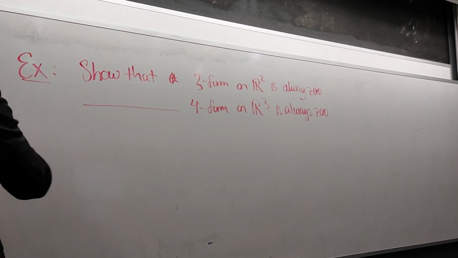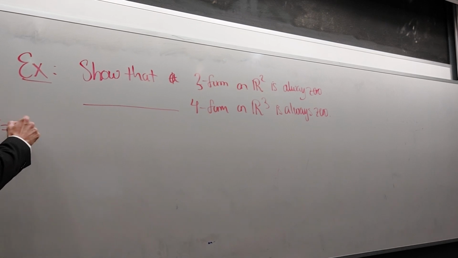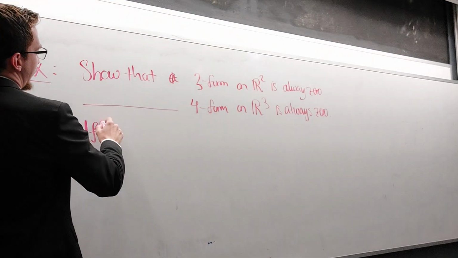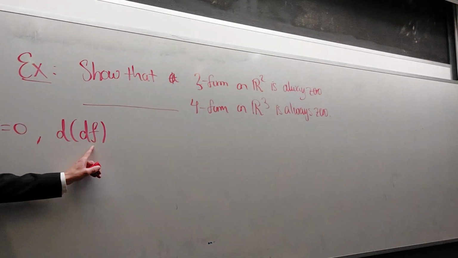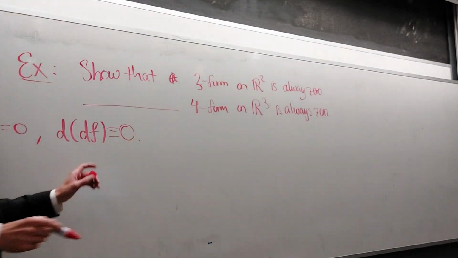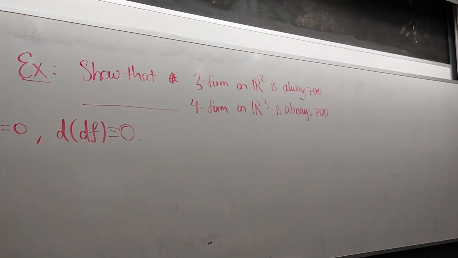Well, the meaning of d squared is 0 is exactly that if I take d of a gradient field, or more precisely the one form associated to a gradient field, this is always 0. Oh, sorry. Is d omega equals 0 if and only if?